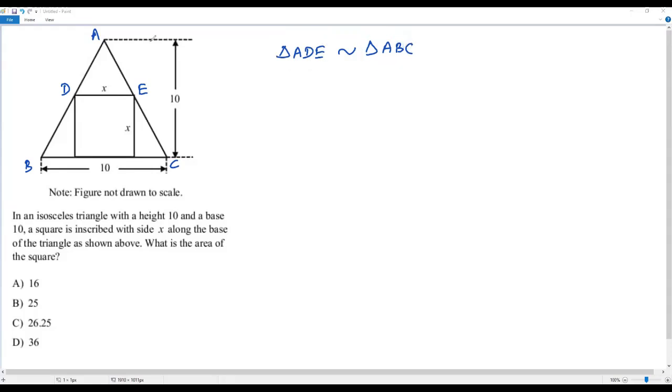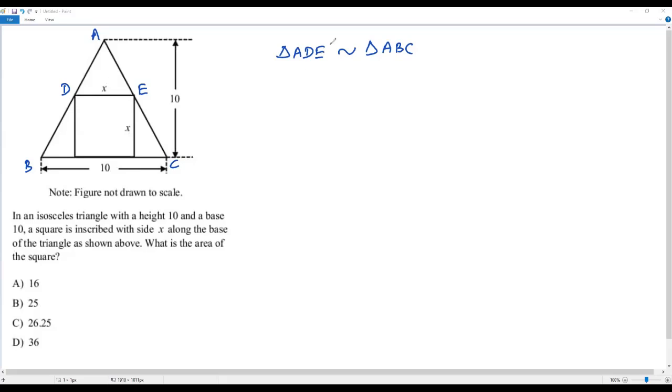Now let me consider the height drawn between the two equal sides AD and AE in the smaller triangle, and also the height drawn between the two equal sides AB and AC in the original triangle ABC. Since these two isosceles triangles are similar, the ratio of the heights drawn between the equal sides of these two triangles must be equal to the ratio of the bases of the two triangles.